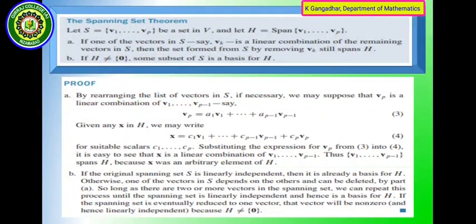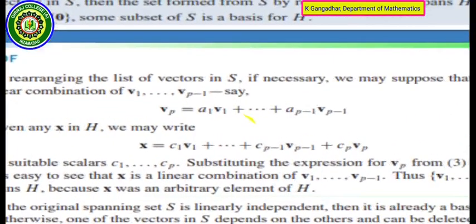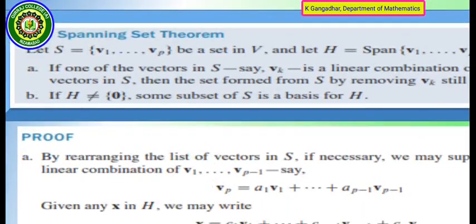Now the spanning set theorem. The theorem statement is: let S equal {V1, V2, ..., Vp} be a set in V, and let H equal the span of V1, V2, ..., Vp.